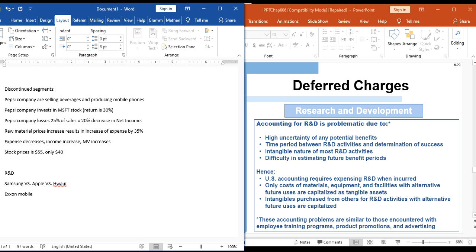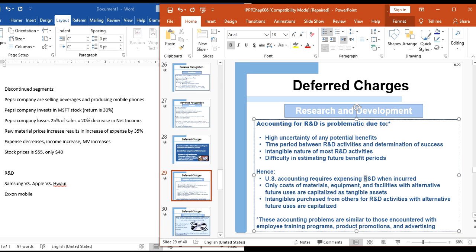Hence, US accounting requires expensing R&D when incurred. Okay? On a yearly basis, we are not waiting for the research and development outcomes. Whenever the company spends any money on this process, it should be registered. It should be recorded. Okay?